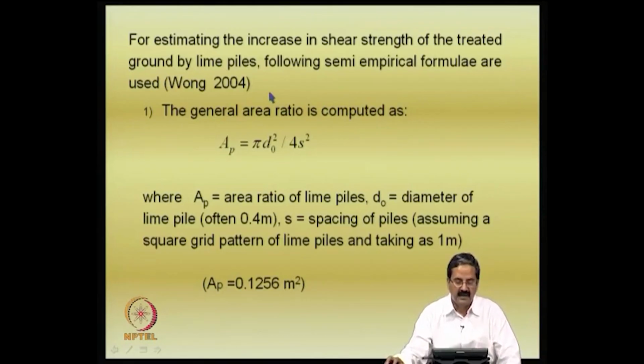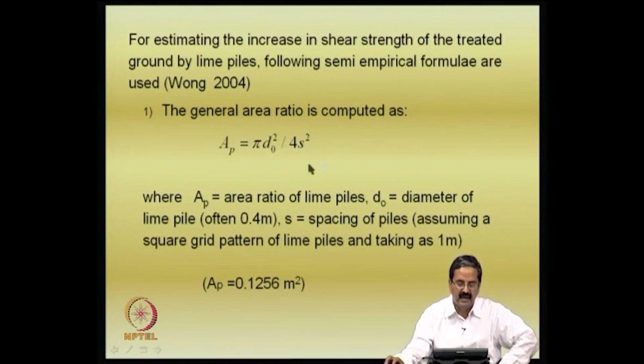There is a simple method that was given. The area was treated by lime columns, and the area ratio, if you take a square grid pattern, is pi d naught squared by 4, which is the area of a single column, divided by S squared, the area of the grid in a square pattern.